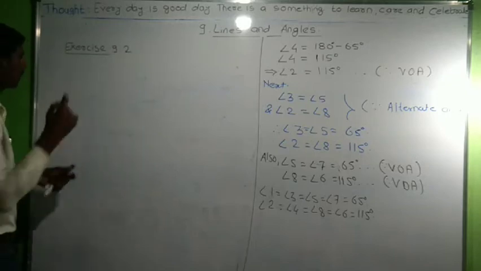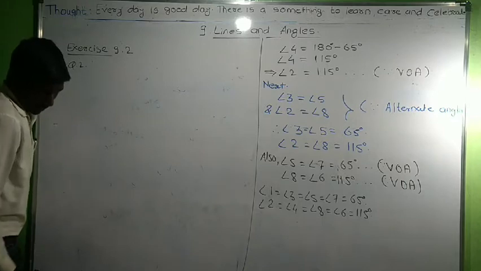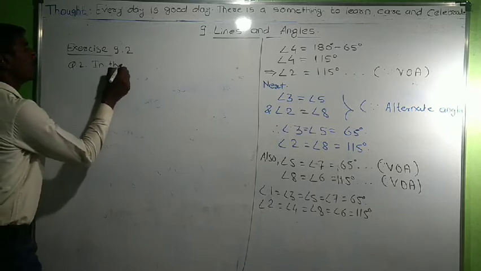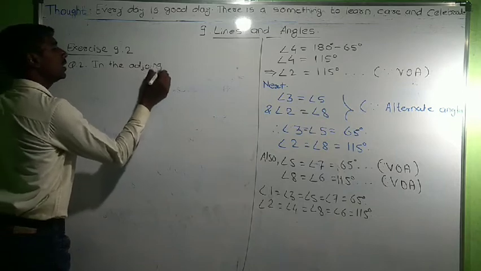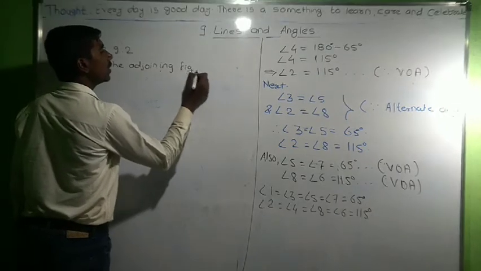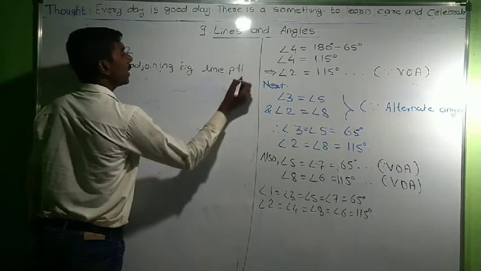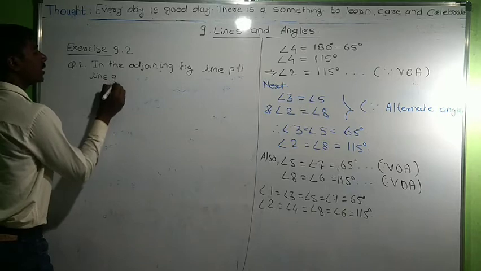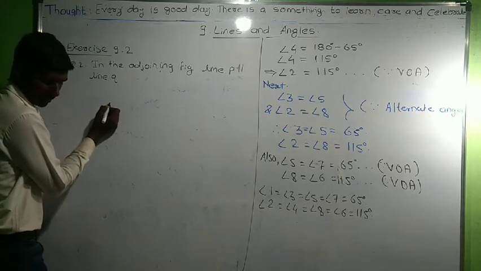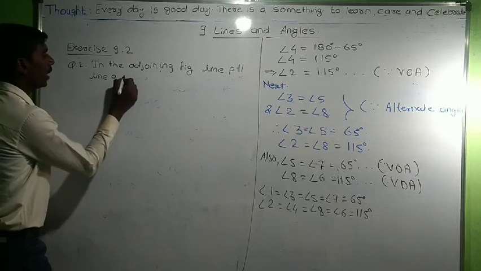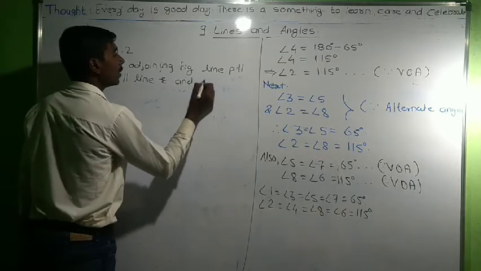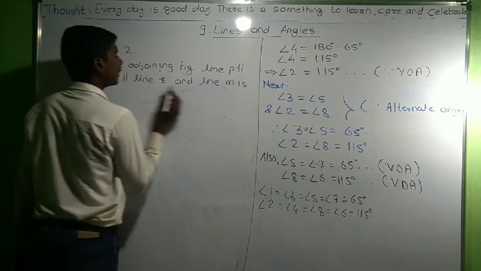In the adjoining figure, line P is parallel to line Q, and line Q is parallel to line R. Okay, 3 lines, and line M is the transversal.